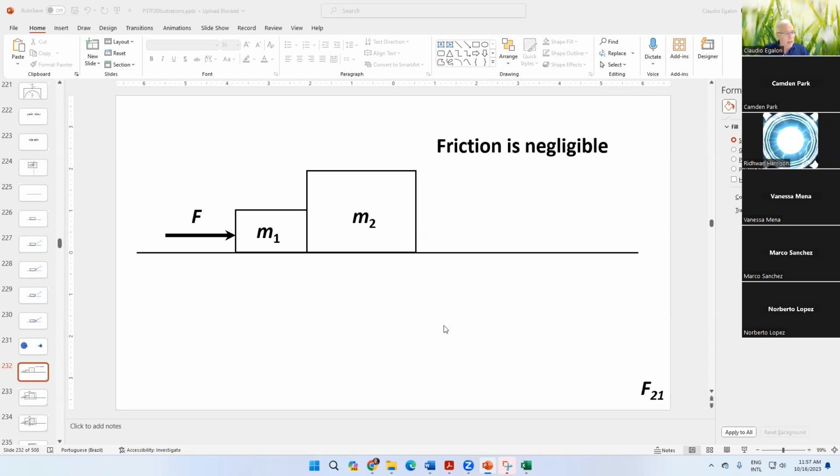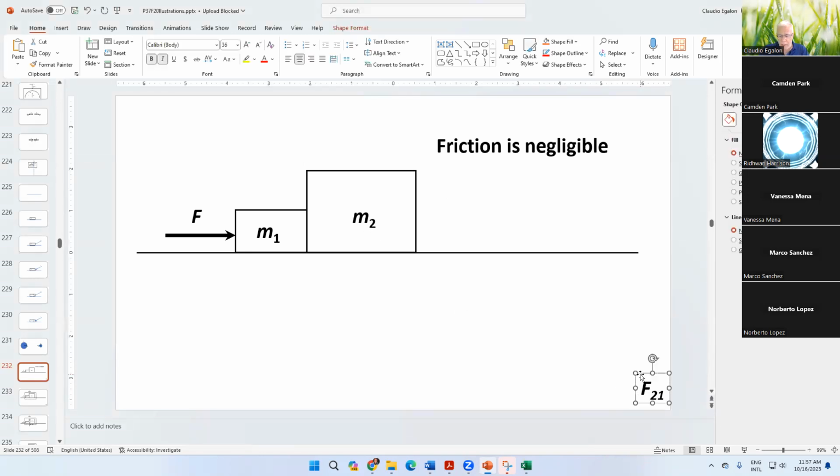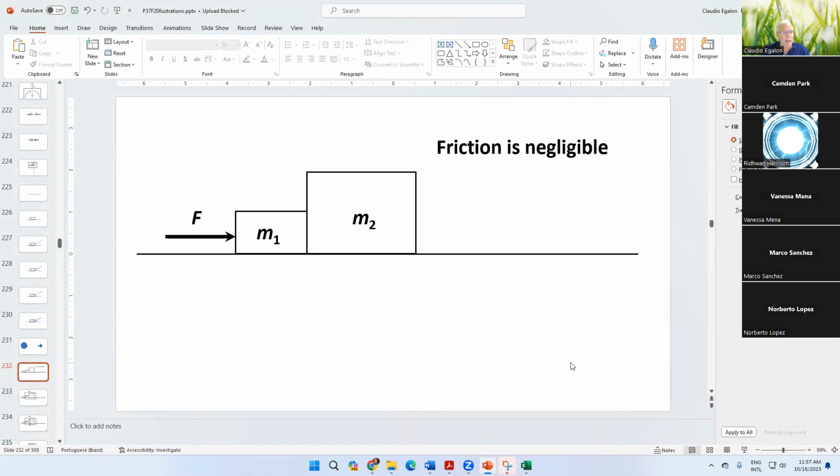Let's see, 11:57. Think about this problem here, which uses Newton's third law of motion. I won't have time to solve it now, but at least I'm going to set it up for you. We have a force being applied to two objects attached to each other, one touching the other. The first question: what's the acceleration of the set of those two objects?